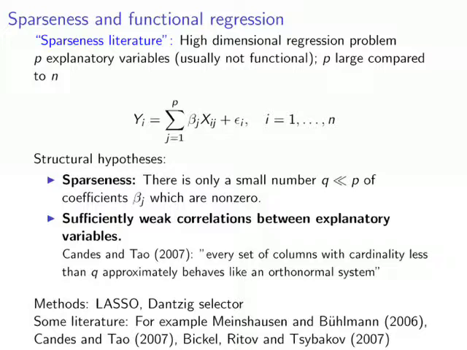The famous methods are the lasso, I think this is the best known, and the Dantzig selector, which has received considerable attention in recent time, and their theory is based on some assumptions. One of them is sparseness.